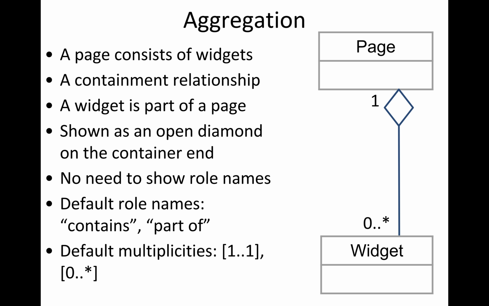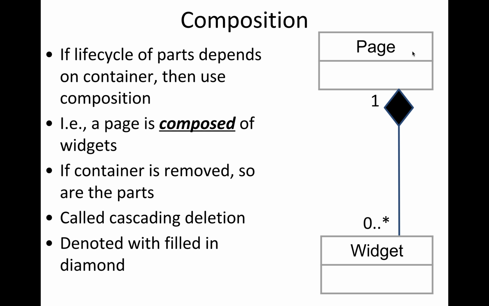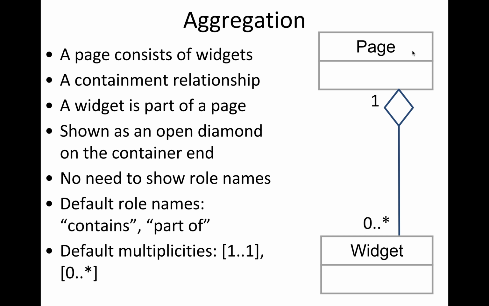We say that there's a composition relationship between the two, right? That if one disappears, so does the other one, right? But if the lifespans are not related, right, that they're associated, but if one disappears, the other one doesn't necessarily need to be disappearing, right? We say that they're in an aggregation, right?